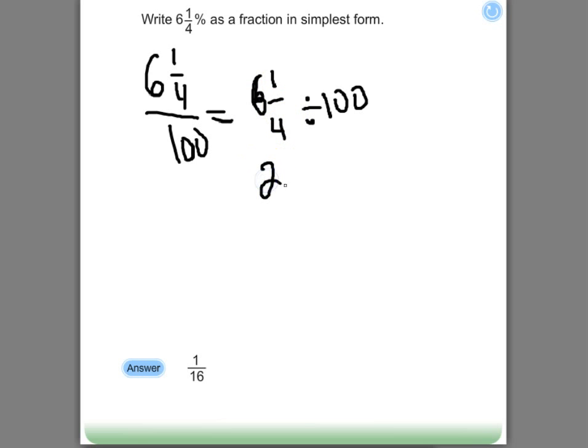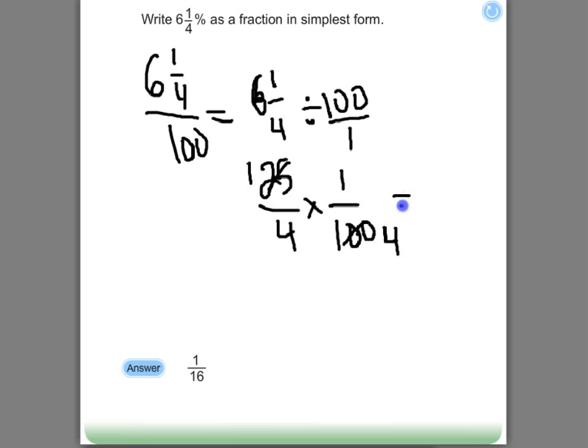So here we get 25 over 4 times, please remember there's a 1 here, 1 over 100. All right, so the 25 will cancel, we'll have 1, and the 100 will cancel and become a 4. So 1 times 1 is 1, and 4 times 4 is 16.